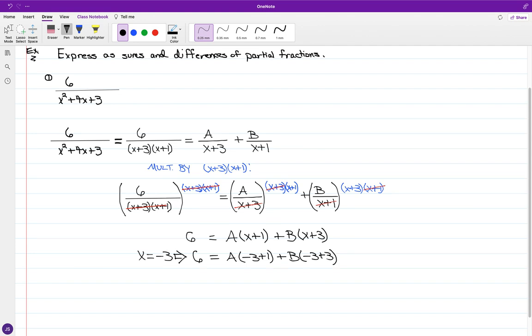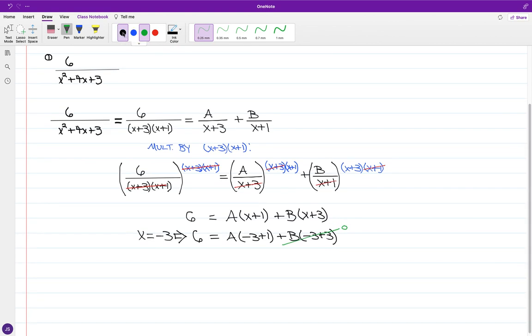If you notice, -3 plus 3 will zero out, so the presence of b is going to be eliminated. So we've got the left hand side at 6, and we have a times -3 plus 1. -3 plus 1 is going to be -2. So 6 is equal to -2a.